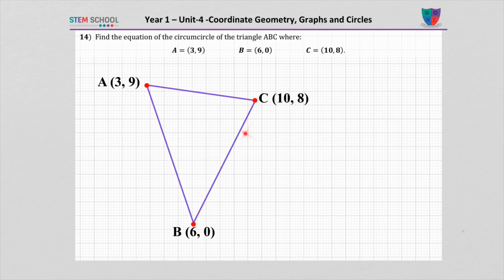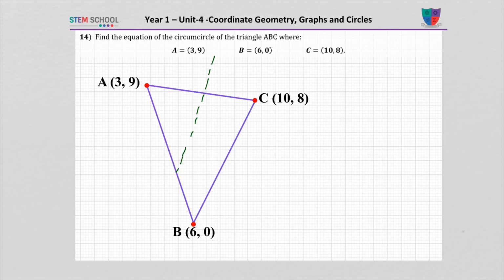Now we've got this triangle inscribed in the circle. Because the triangle is in a circle and each vertex is touching the circumference of the circle, if we bisect this line, we get a line coming through there.